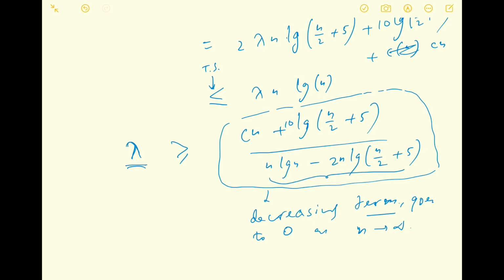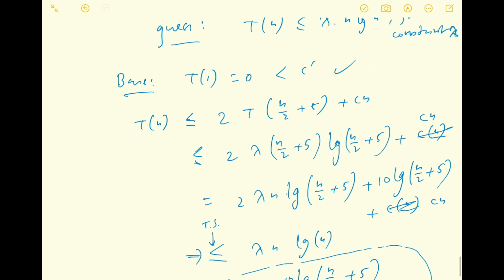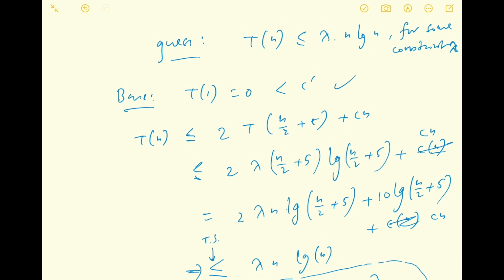So for large enough n, you can find a constant lambda so that this inequality holds, which is the same as this inequality holding, and thus we are able to show it. So typically that's how you can show it using the substitution method and prove it using induction.